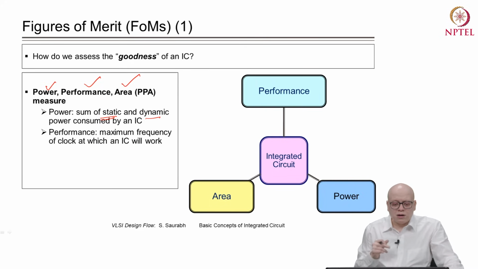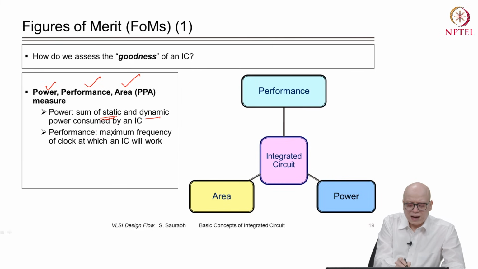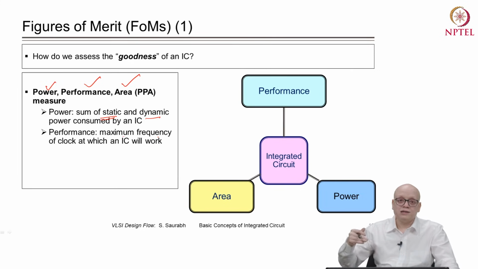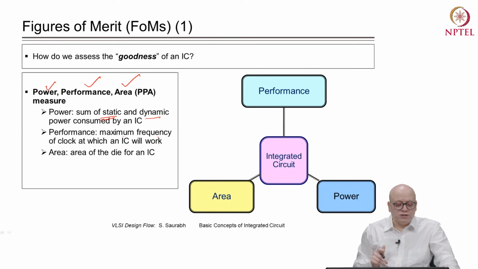The other figure of merit is performance, meaning how fast your chip is working. Typically it is measured by the maximum clock frequency at which an IC can work. If the IC is working at a higher clock frequency, then we say it is operating faster. And the third figure of merit is the area of the die for an IC, because that determines our variable cost that we have just seen.